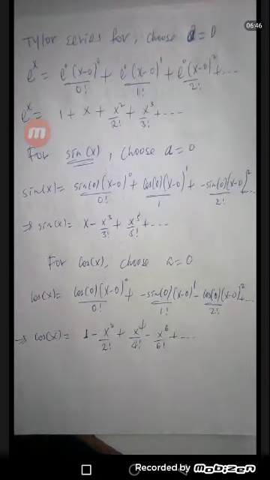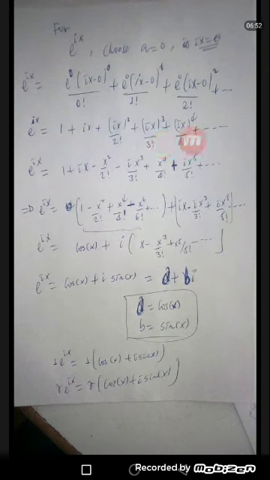Substituting ix in place of x, you will get this formula. Definitely it is true. It can be simplified like this, and we put the terms without i in one place and the terms with i in the other place.